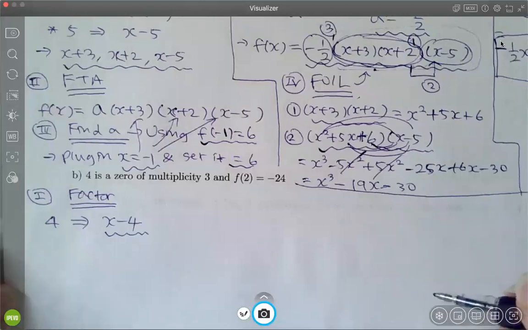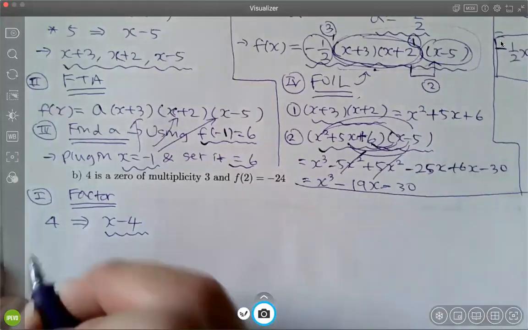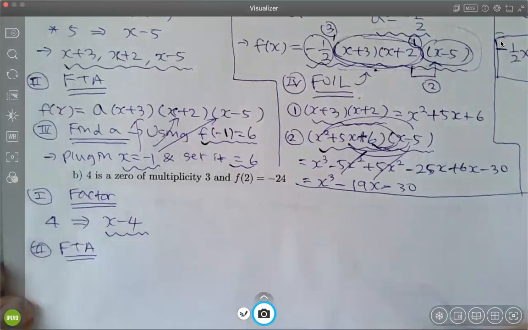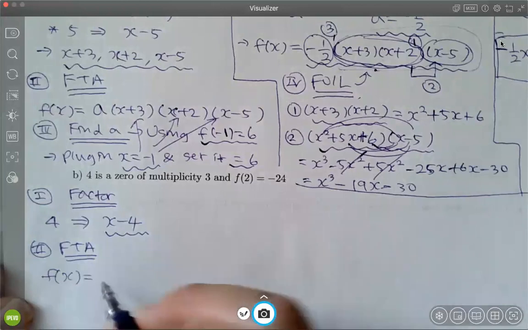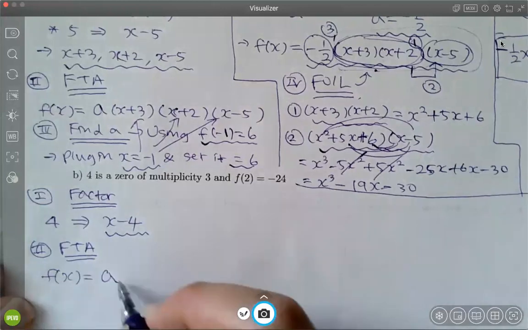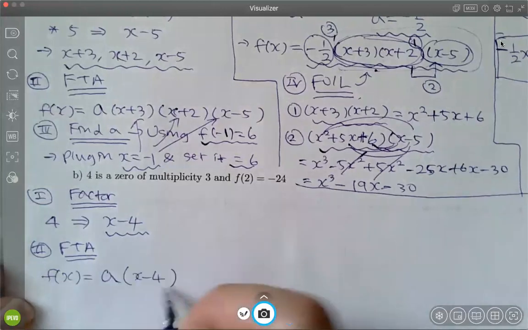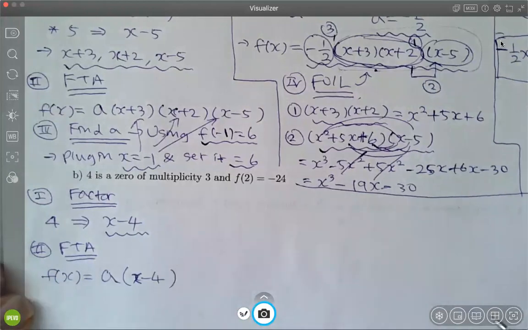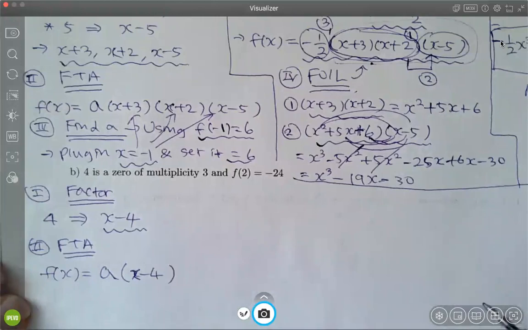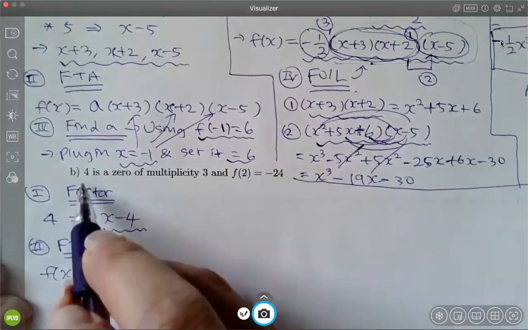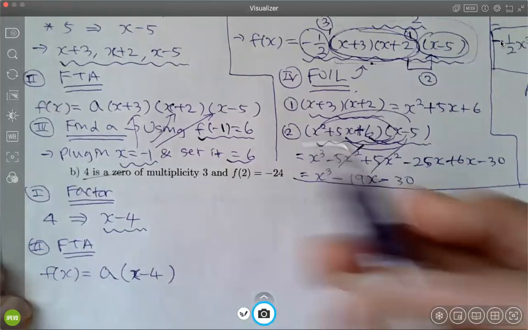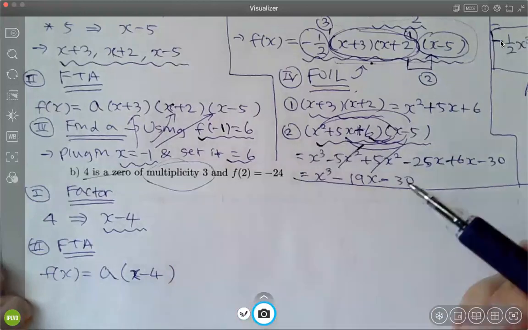Okay, so because of the fundamental theorem of algebra, what do we have? F of x is equal to the leading coefficient a times x minus 4. Now, the question is, is that it? No, because we have used this info, but we haven't used this one yet, right? So the multiplicity is equal to 3.